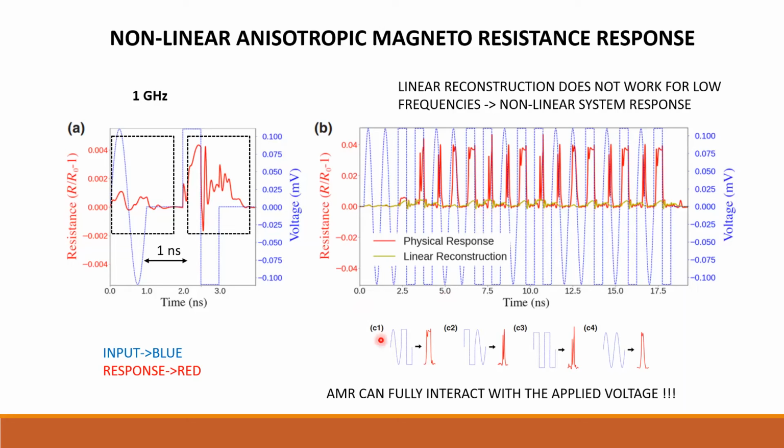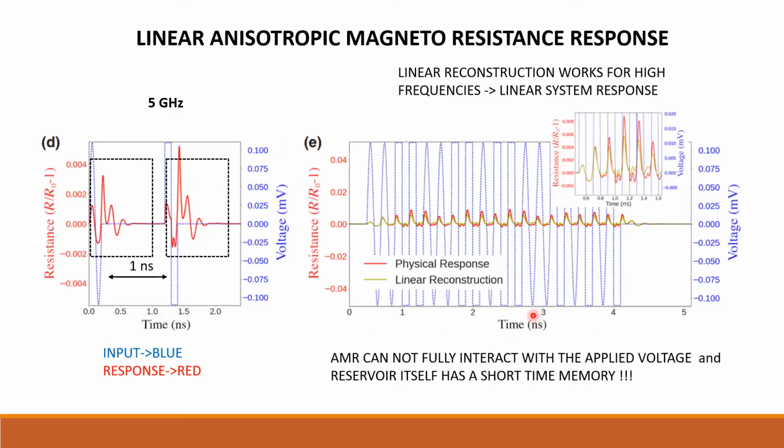As you can see from figure C1 and C3, the nonlinear AMR responses of the sine pulse and the square pulse are different from each other.